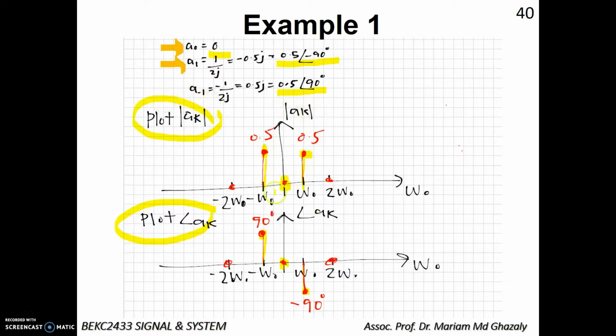And the rest is just for you to show that there's no value at a2 and a minus 2, so you just plot 0 at 2 omega naught for both the magnitude and the phase value, right?